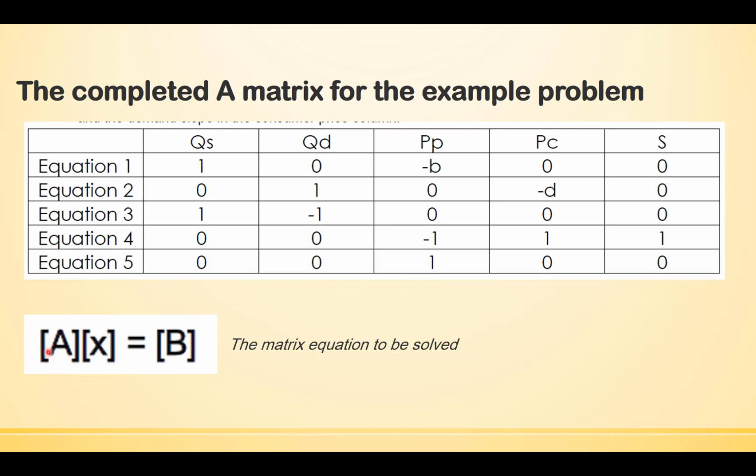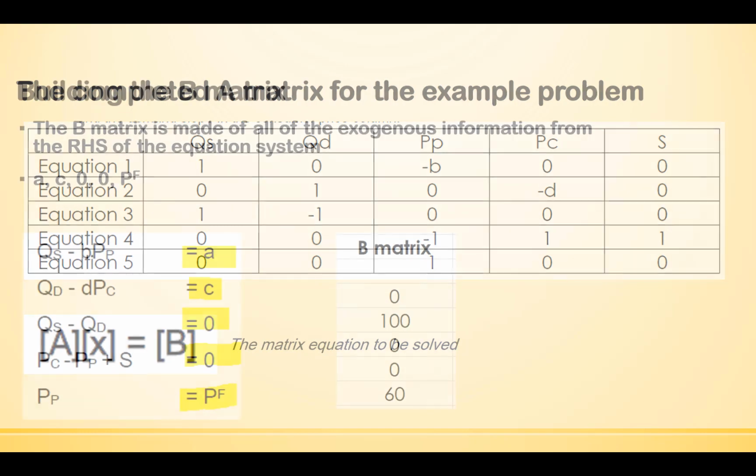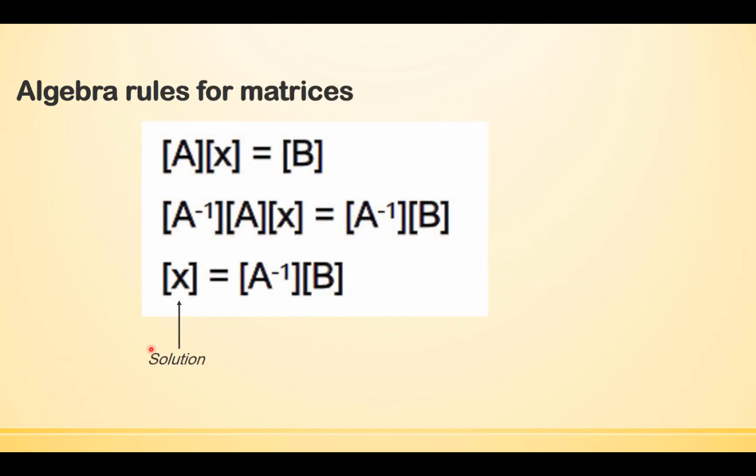To be able to do that, we need to also multiply the right-hand side by 1 over A, or that A inverse. But that's going to be the solution technique. And so here it is written out. If the matrix A times the matrix X is equal to the matrix B, then finding A inverse, multiplying by A times X, can be done as long as we multiply the right-hand side B matrix by A inverse, and then we'll get the solution.